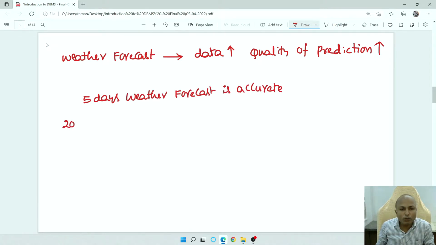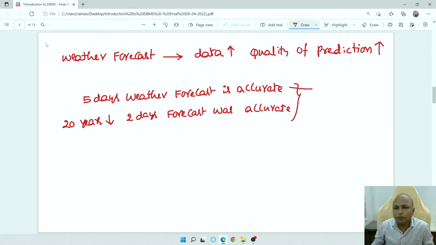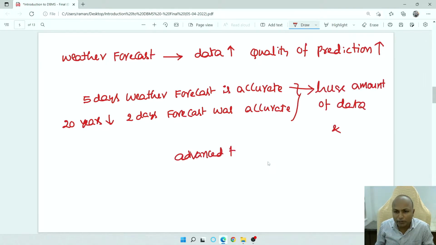Whereas if you go 20 years back, only 2 days forecast was accurate. This is because of huge amount of data and utilization of advanced techniques for collecting weather data.